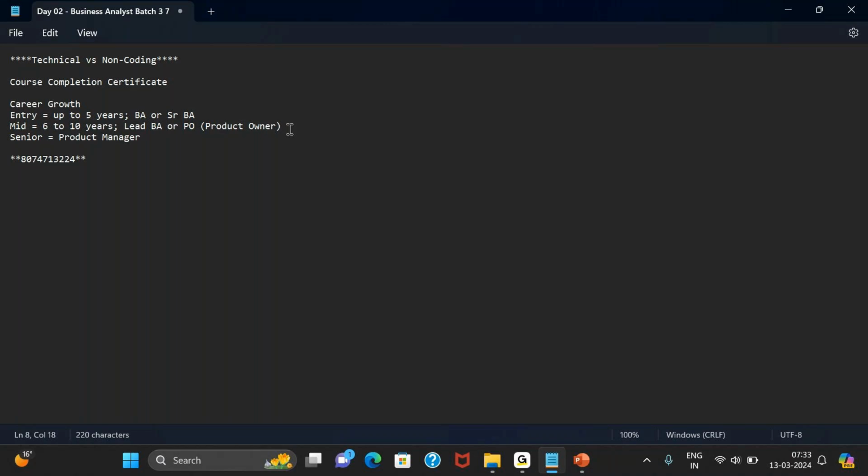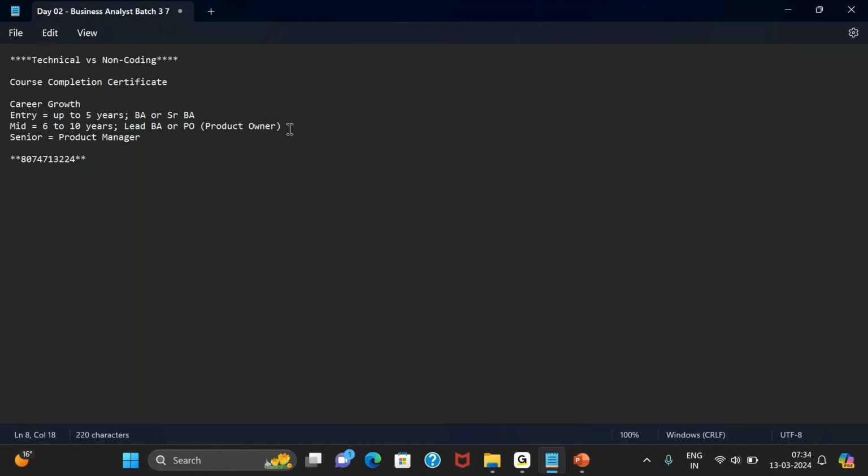So we said one application can be divided into multiple sub applications. If a product owner is leading one sub application, you can say one product manager leads multiple sub applications.